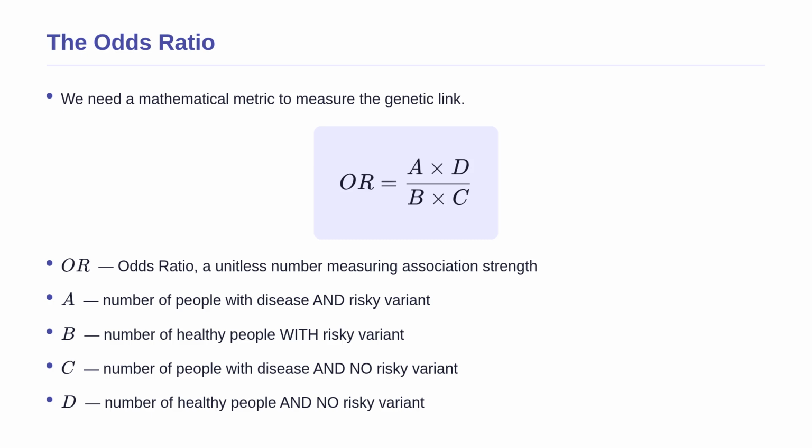The variable A represents the number of sick people who have the risky variant. B represents healthy people who still have the risky variant. C represents sick people without the variant, and D represents healthy people without the variant. If the resulting OR is exactly 1, the variant has no effect. If it is greater than 1, the risk increases, and if it is less than 1, the variant is protective.